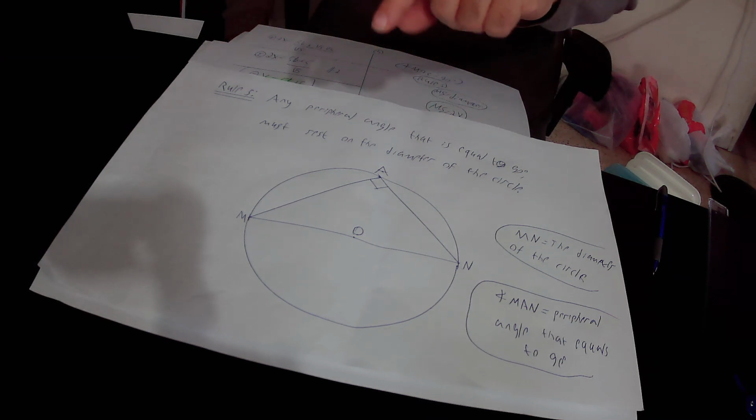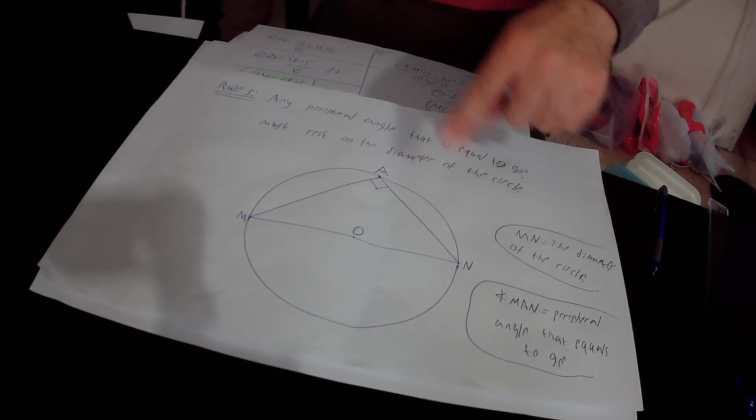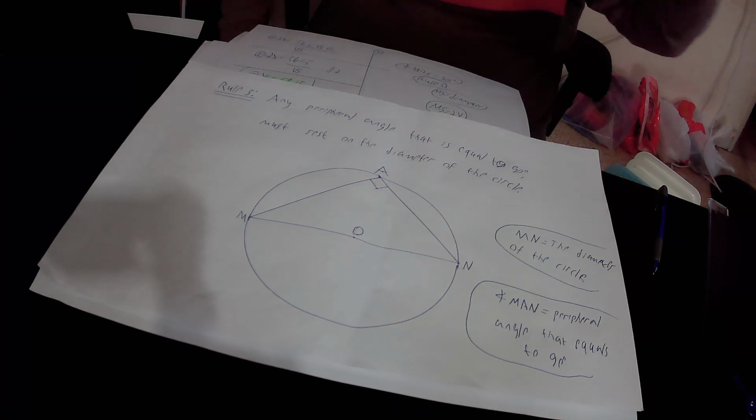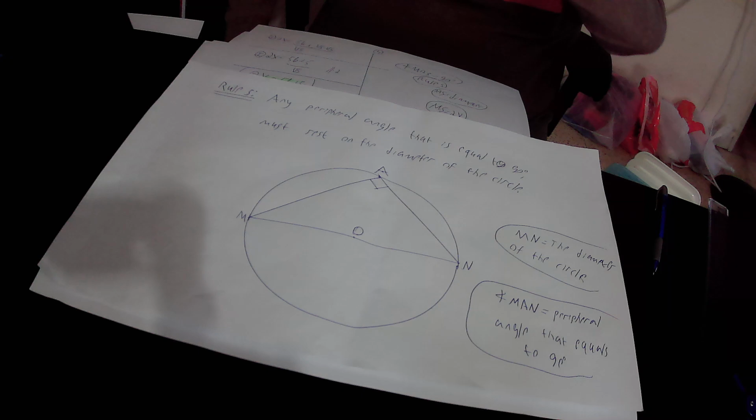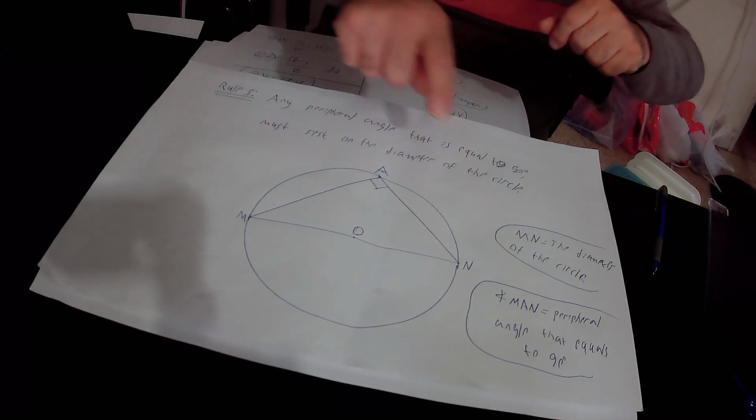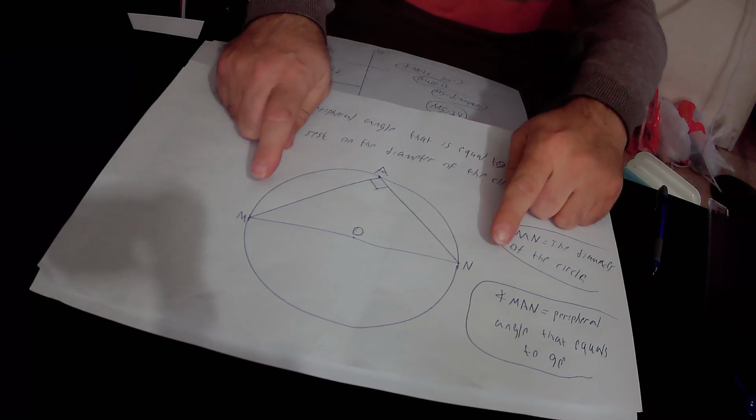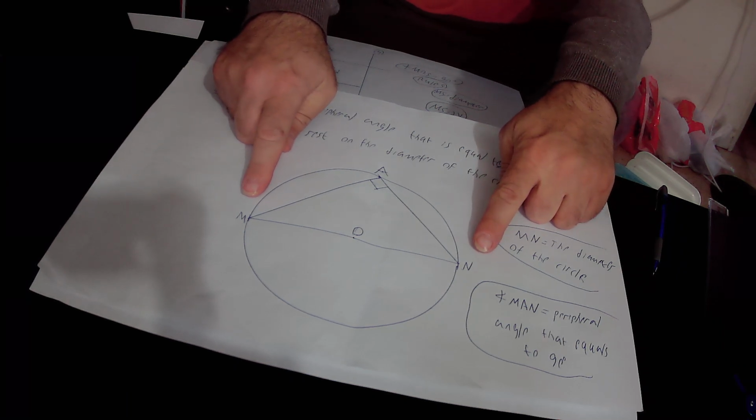So inside this circle we have peripheral angle MAN. This peripheral angle MAN equals 90 degrees in size, as you can see in the drawing. Therefore, according to rule number 5, this peripheral angle MAN rests on the diameter of the circle. From the drawing it is very easy to see that peripheral angle MAN rests on chord MN. And therefore, according to rule number 5, this chord MN must be the diameter of the circle.